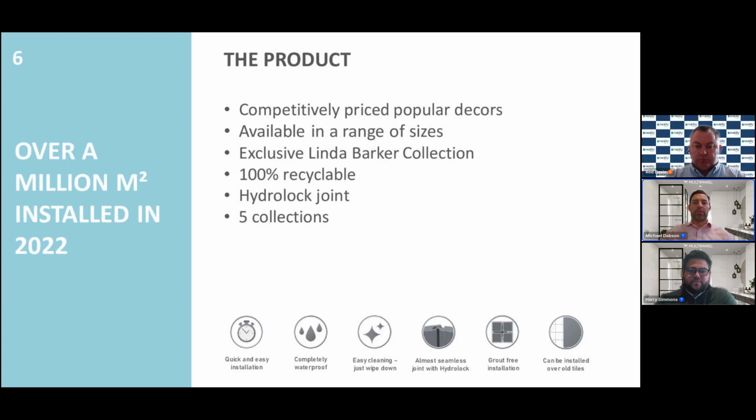So I've talked about the makeup in terms of the exterior grade MDF core and the high pressure laminate face. Laminates have come on leaps and bounds in the last 10 to 15 years and have helped to elevate the aesthetic of wall panels, absolutely, as has the advanced engineering in our Hydrolock joint, which is how two panels are locked together to create a really seamless joint, but also a watertight one, which overcomes some of the myths and perceptions around wall panels from 10, 15 years ago around them looking cheap and plastic and having jointing strips between them.